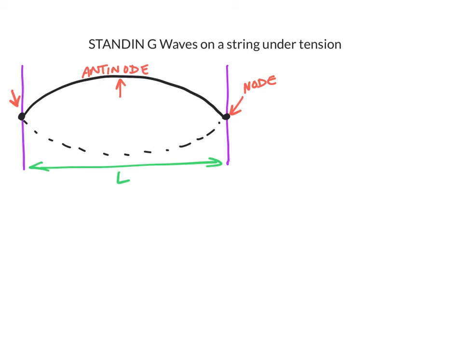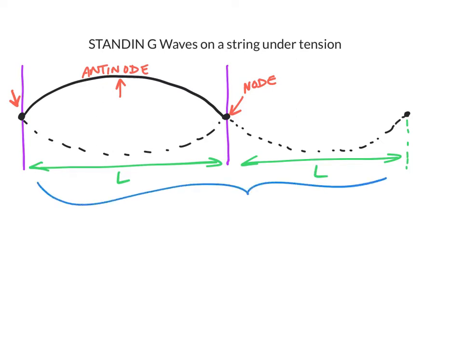Technically speaking, this waveform would need to go all the way over here another distance L before we could say that we have a full wavelength. That's one complete cycle. Peak, valley, back to where it started. That's the main idea with waves.